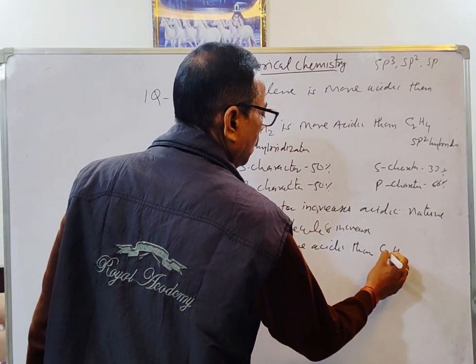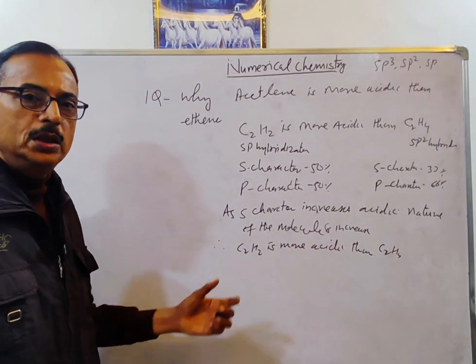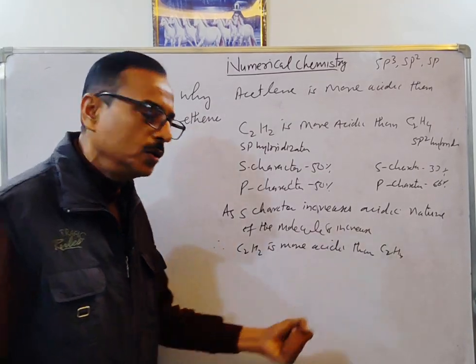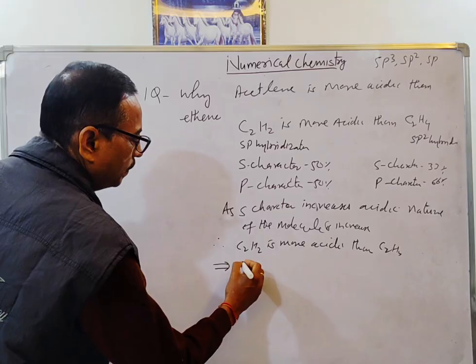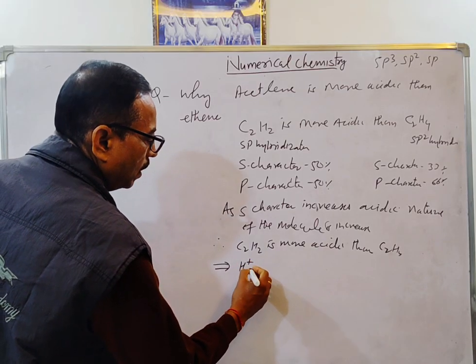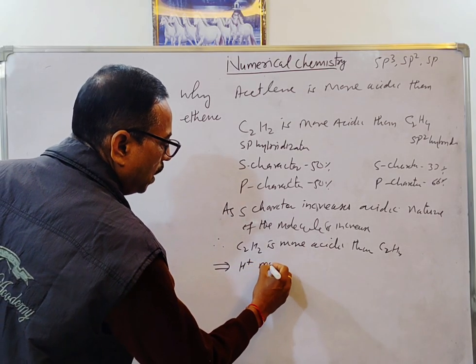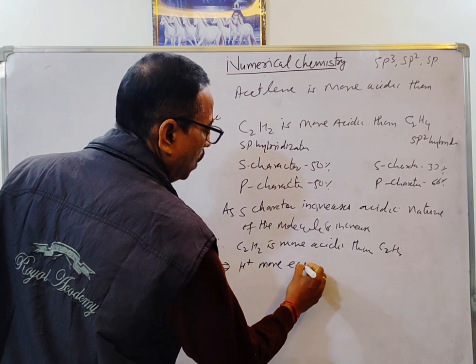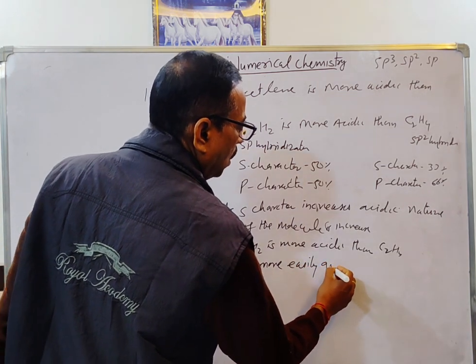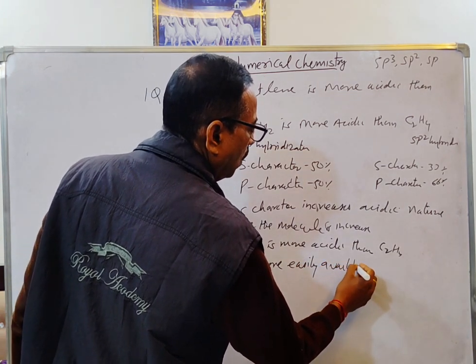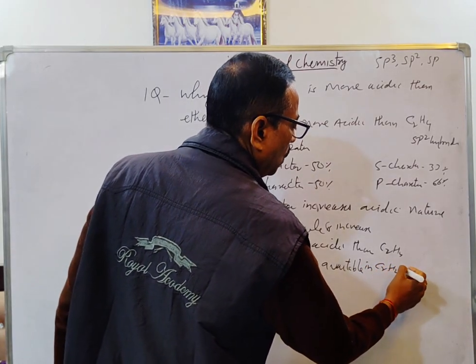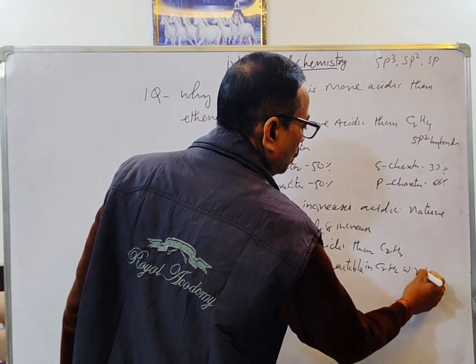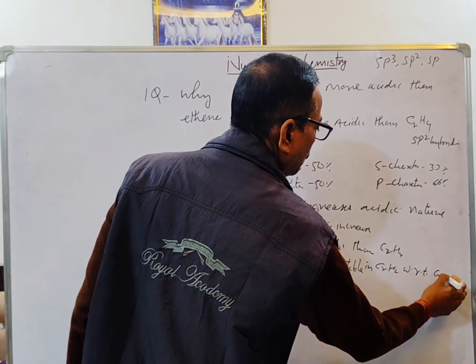What is the meaning of more acidic? More acidic means hydrogen ion is easily replaced. Acidic nature increase implies H ion is more easily available in C2H2 with respect to C2H4.